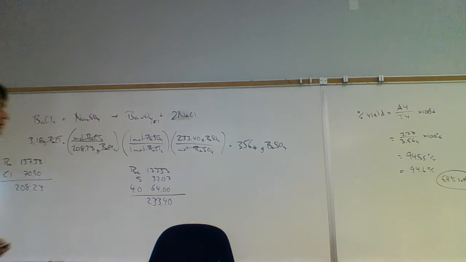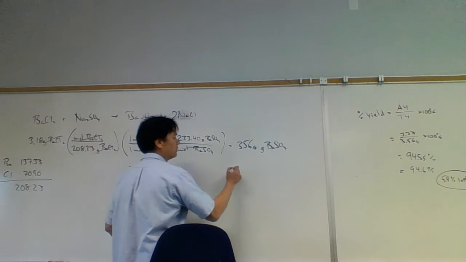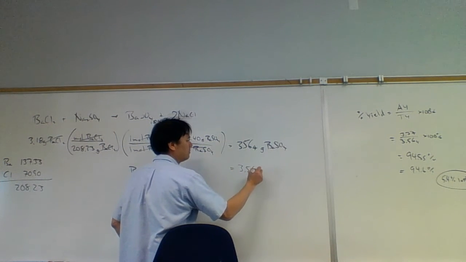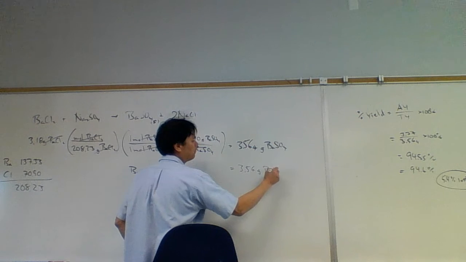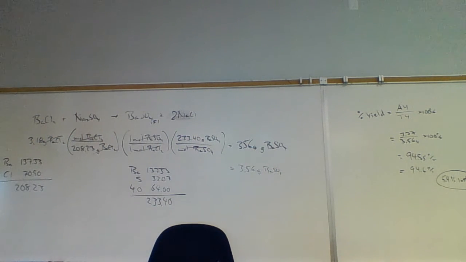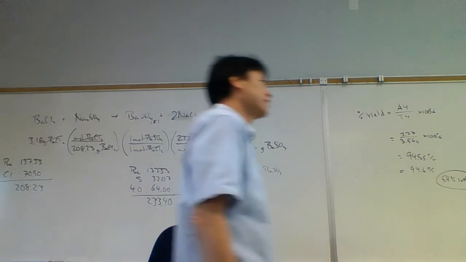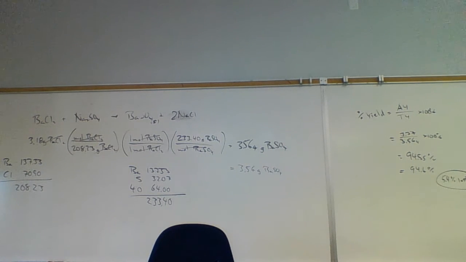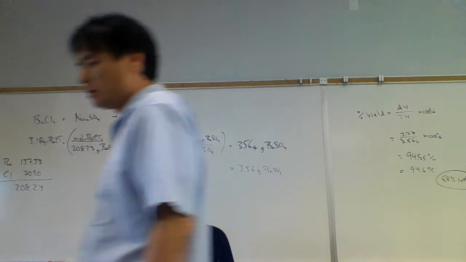And so what you could do is, for answering the first question, 3.56 grams of barium sulfate. But when I do the second calculation, I would carry an extra digit. So when I calculate the percent yield, I would have carried that just one extra digit to help avoid round-off error. So 3.564. It makes a little bit of difference.